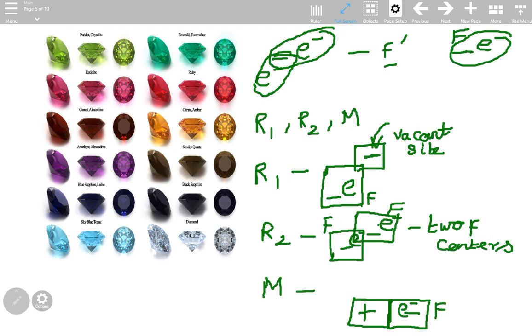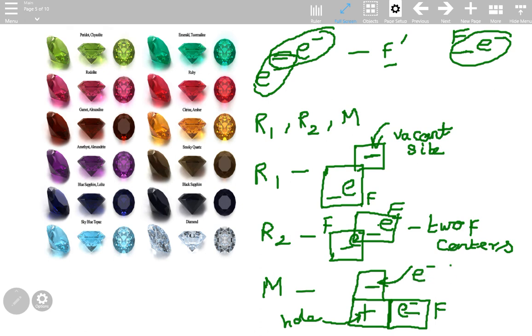So one F center and one positive site where it will invite the hole inside. The hole has yet to come, which is the vacant site for a positive ion. And there is a third combination here, an empty negative site, that is, the electron has yet to come.